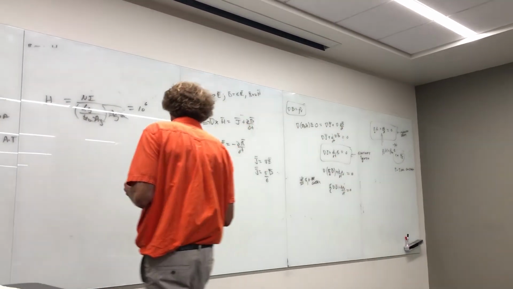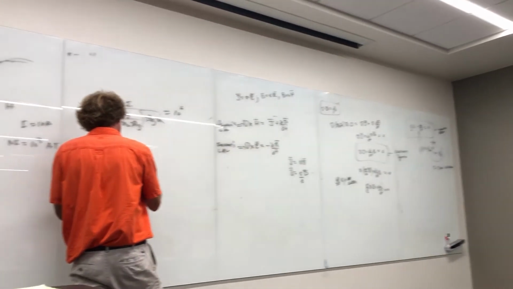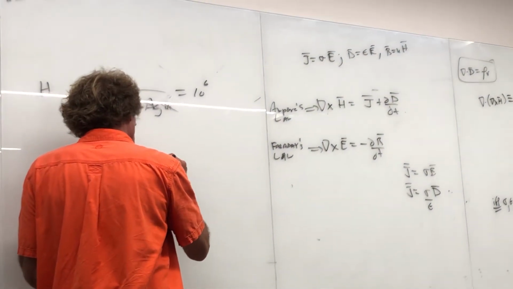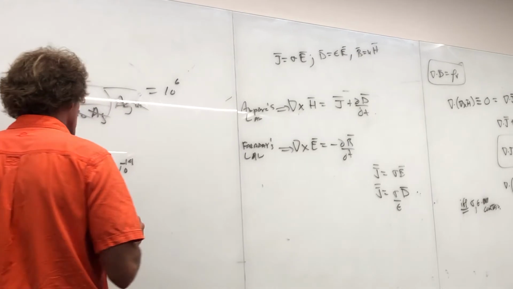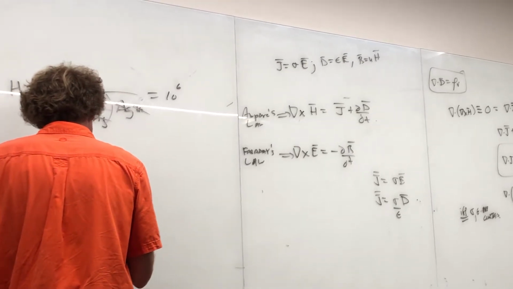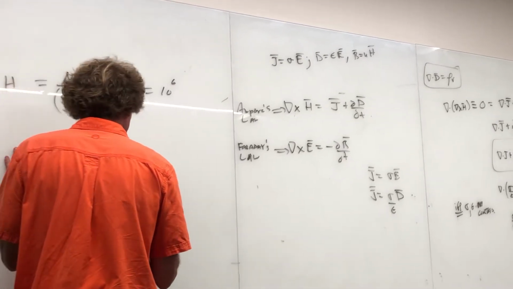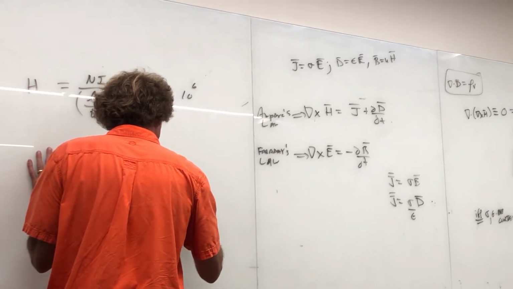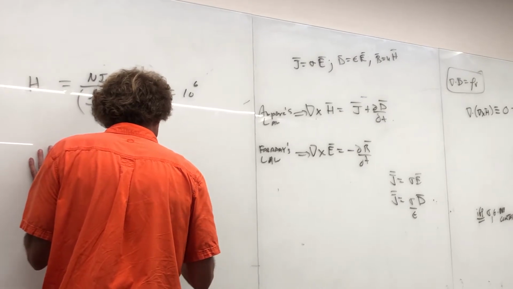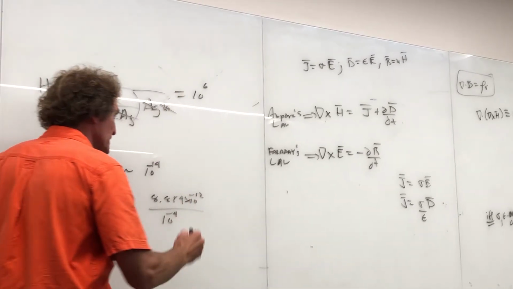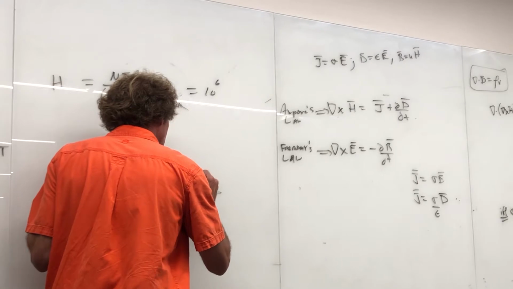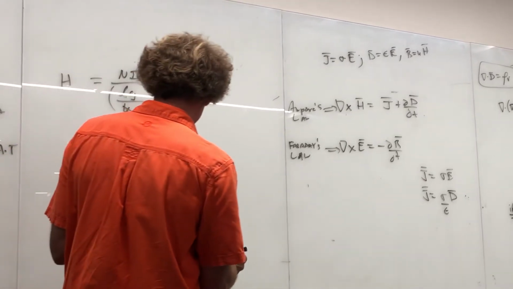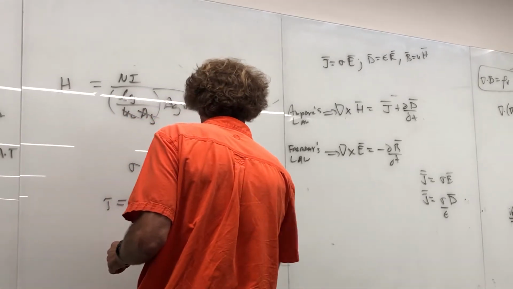For the atmosphere that we're in here, the value of sigma is of the order of 10 to the minus 14th, 1 over ohm meters. That means the time constant, epsilon over sigma, would be epsilon naught, which is 8.854 times 10 to the minus 12, over 10 to the minus 14th. And I'm going to brute force this. I'm going to just call this 10 to the minus 11th over 10 to the minus 14th.